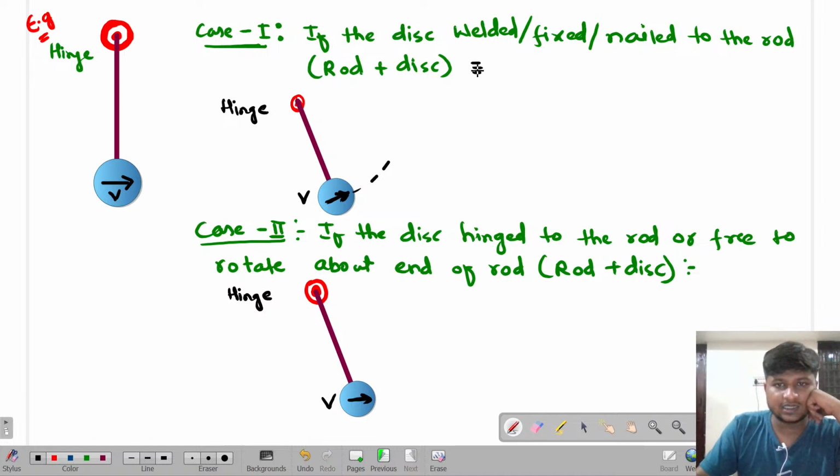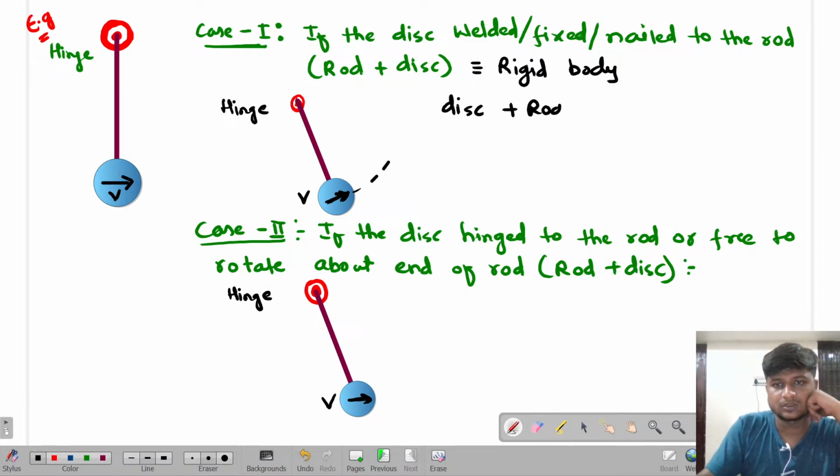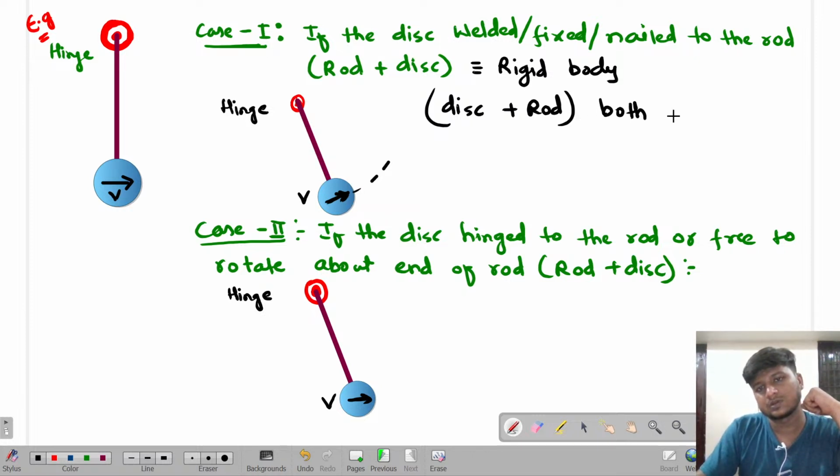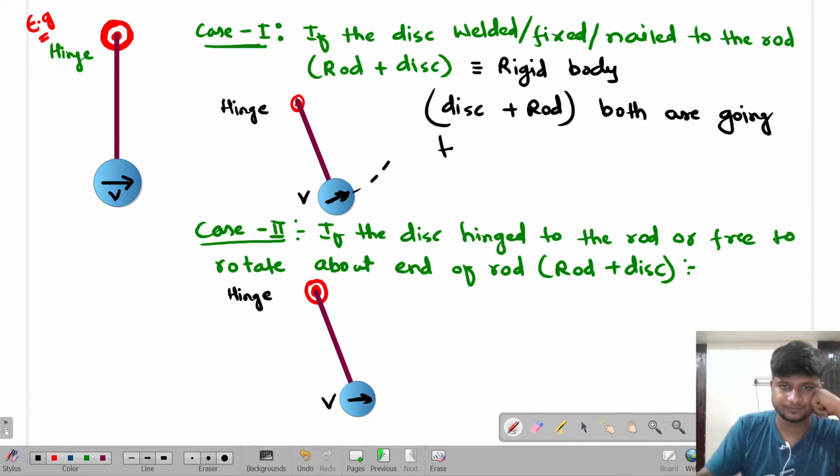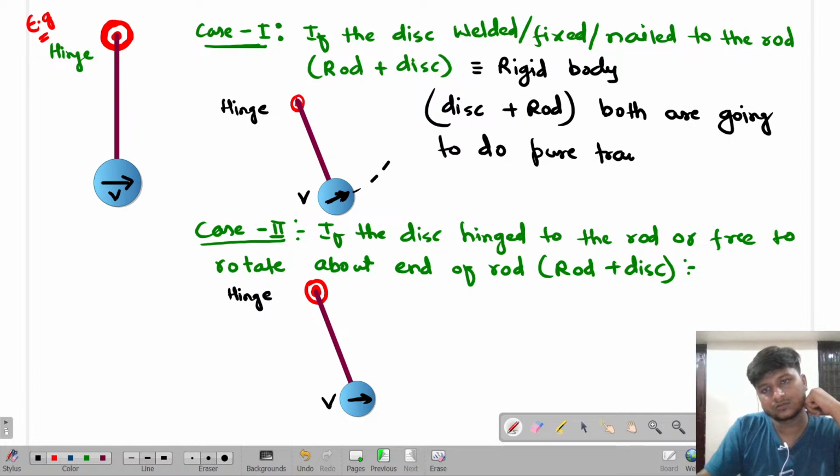So we'll say that this whole thing is a rigid body, and disc plus rod, both of them are going to just rotate only. Yes or no? So both are going to do pure translational motion.